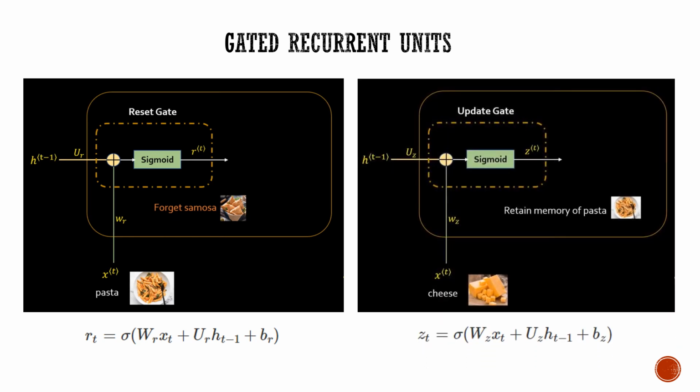Further, the update gate needs to retain the memory of pasta, so it uses the hidden layer H and the input, that is cheese, and applies a sigmoid function on that. You can see in both gates the mathematical formulas are the same, but the weights assigned are different. Here the weights are WR and UR, whereas in the update gate the weights are WZ and UZ.